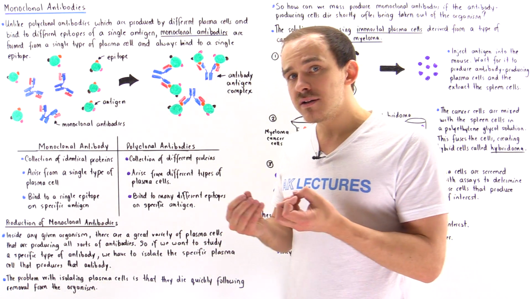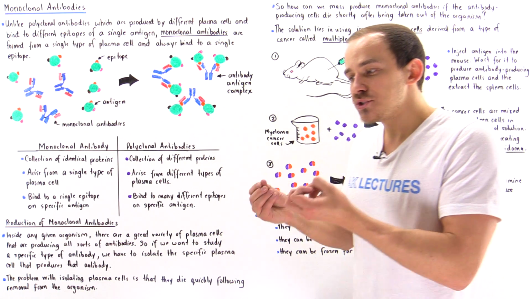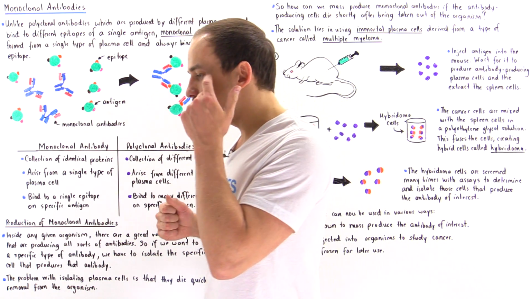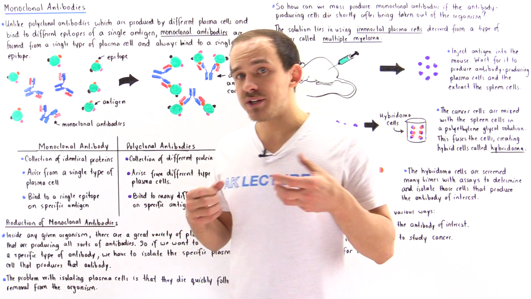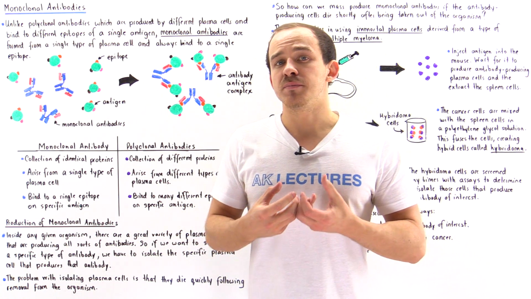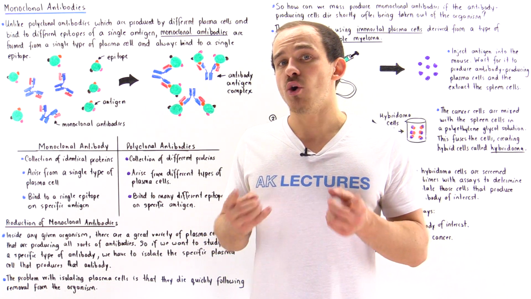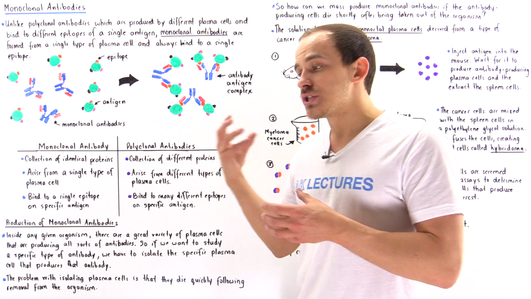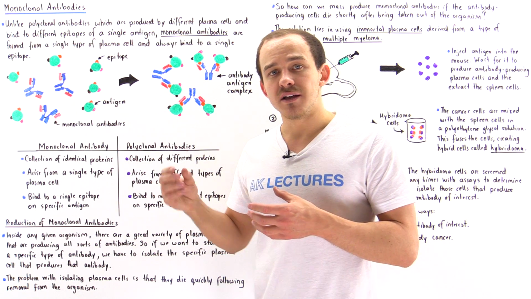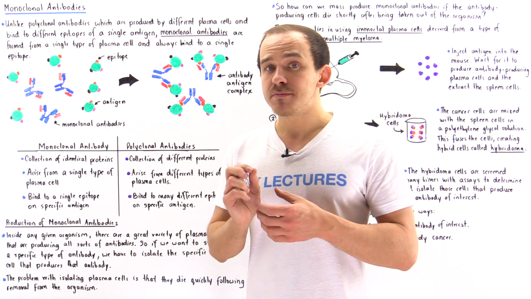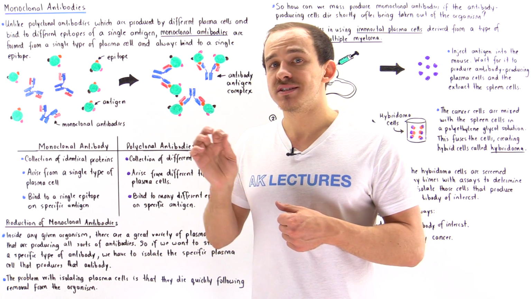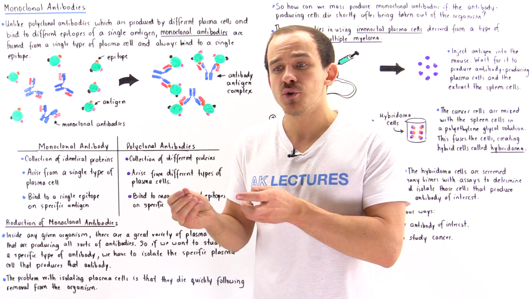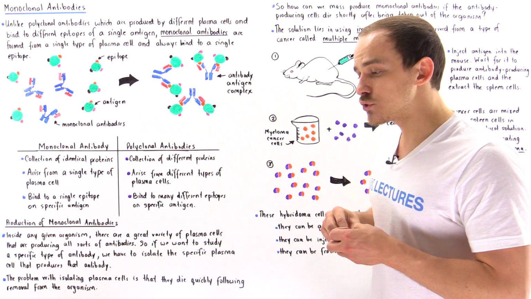Now, theoretically, to mass produce a specific type of antibody, what we would have to do is take out the different types of plasma cells from our body or from the body of some other organism, and then out of that collection of plasma cells, isolate those plasma cells that we actually want to study because those plasma cells produce the antibody of interest.